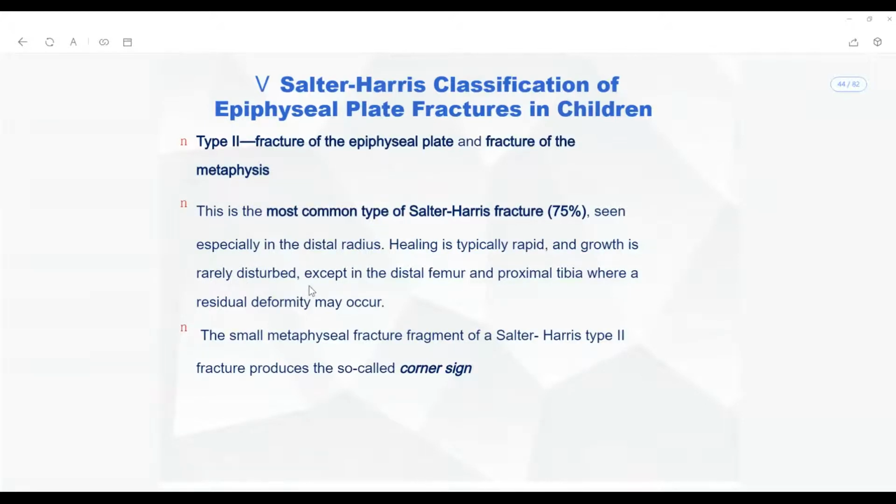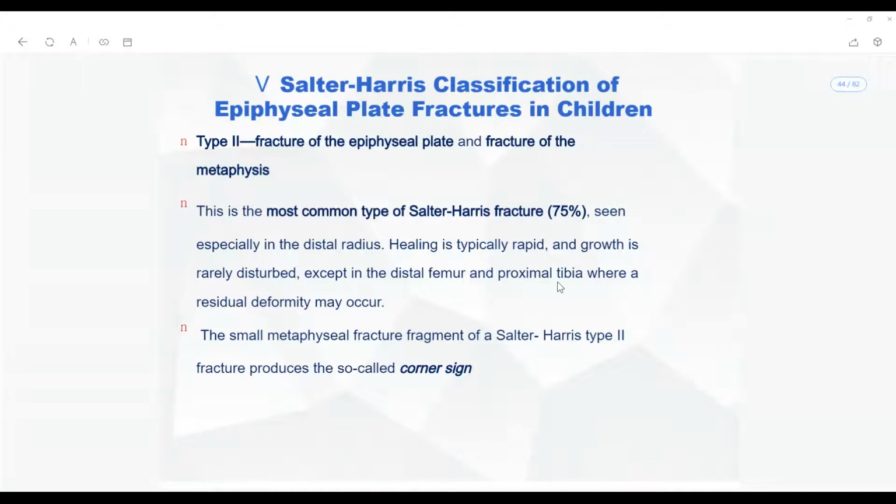Generally, if it is happening in the distal femur or the proximal tibia, understand here one thing: these are happening along the articular surfaces. So whenever you are trying to identify the Salter Harris types, you have to identify the distal and the proximal bones.